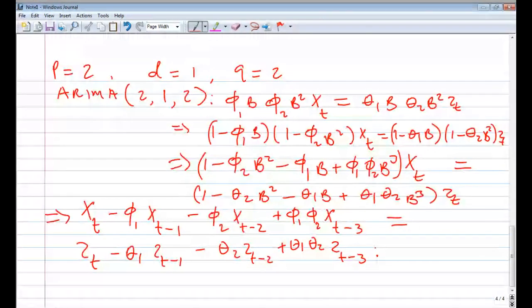That is our process. That is our ARIMA 2,1,2. Any question?